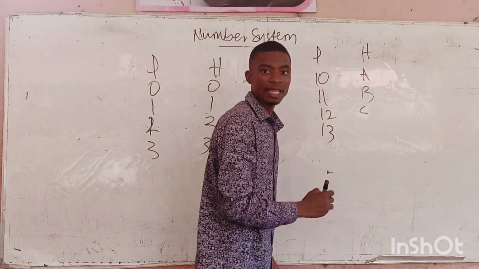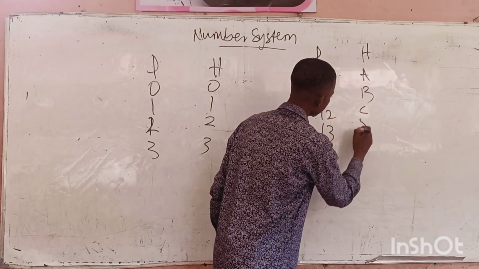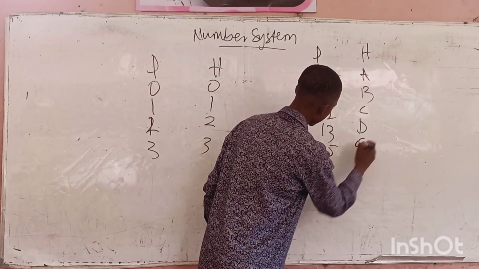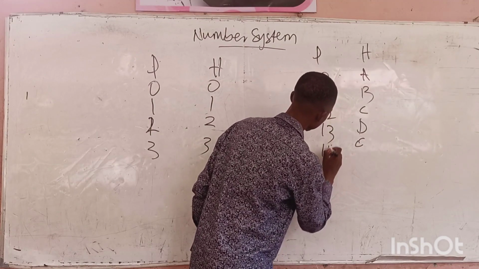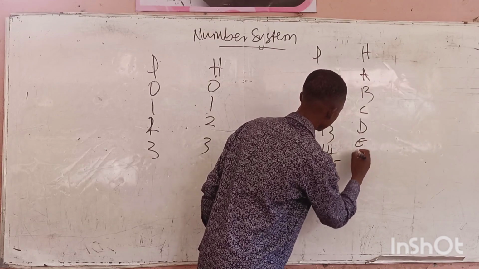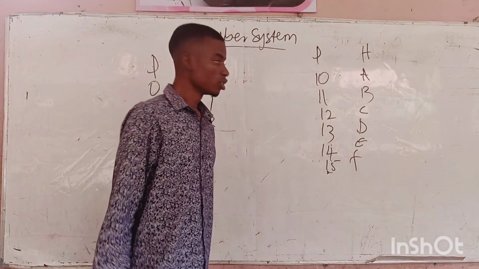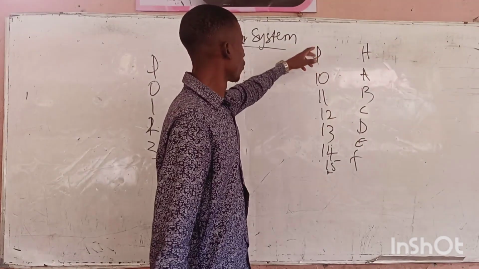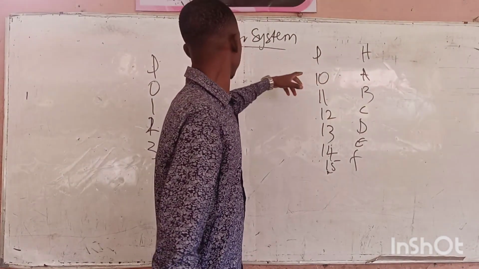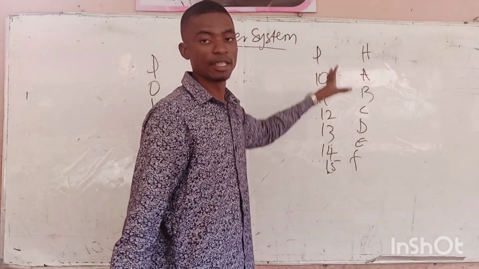And 13 is D in hexadecimal. 14, sorry, is E. And then finally 15 is F. So from 10, hexadecimal and decimal, this is where they differ.